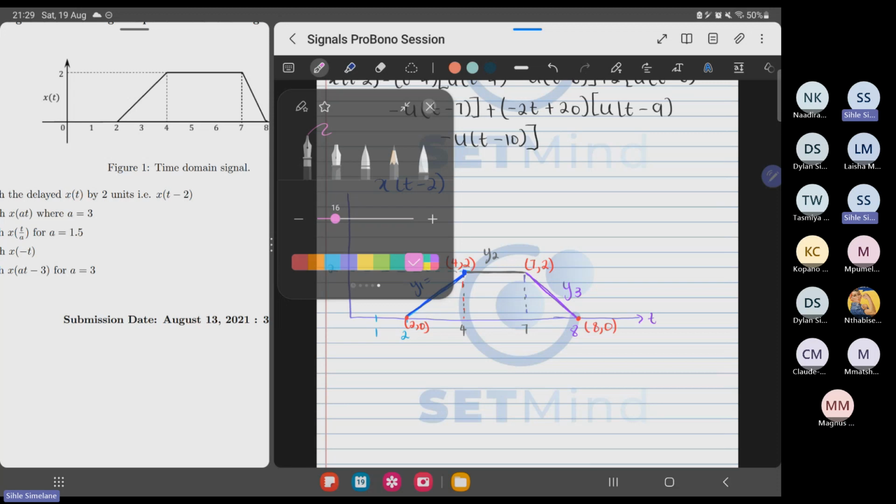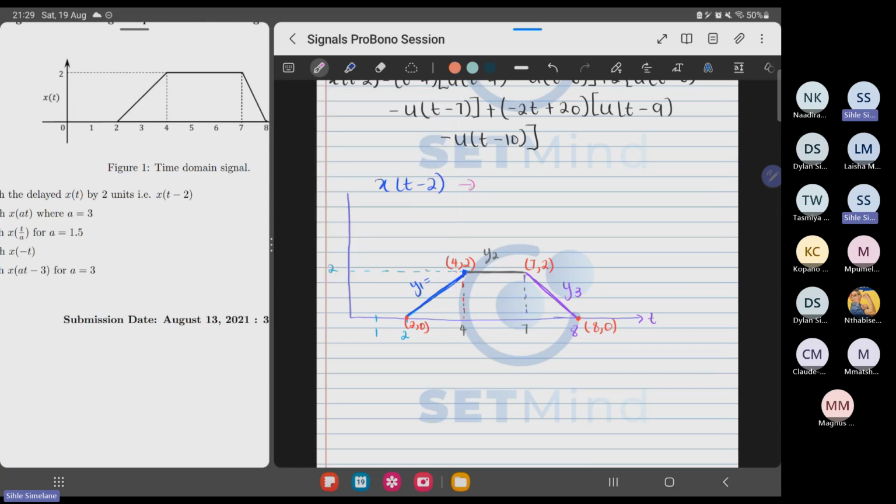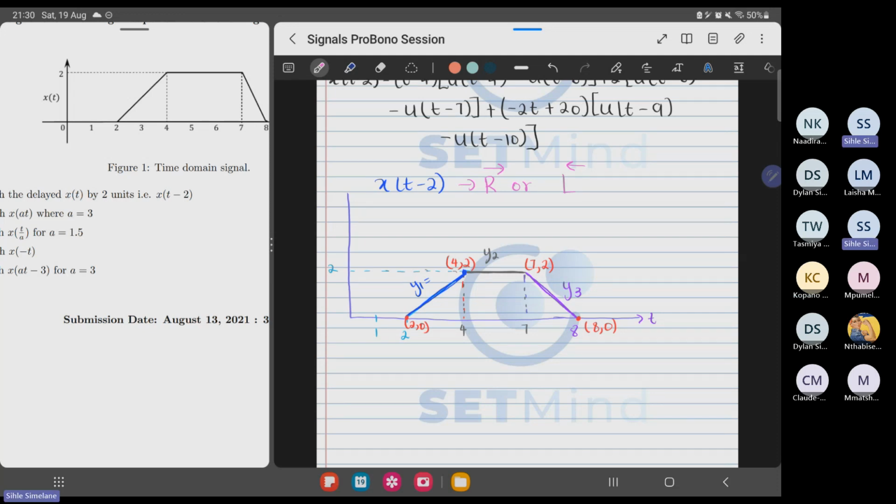So when we have minus, the question is, are we moving to the right or to the left? Should be the right. Okay, on point. I'm glad we all understand that. So we should move every point to the right by 2.